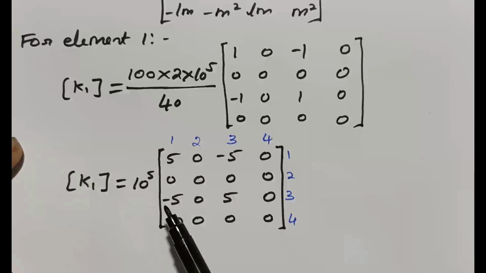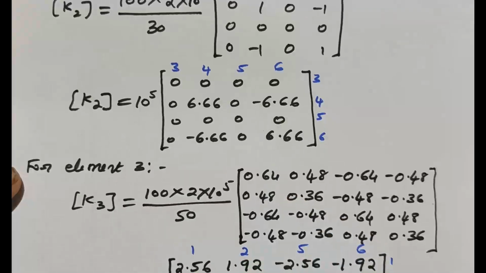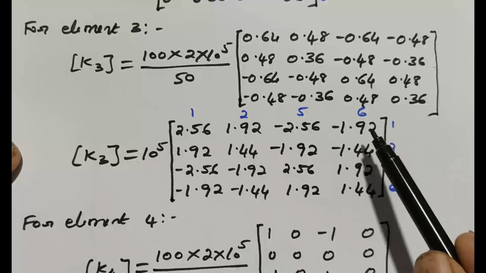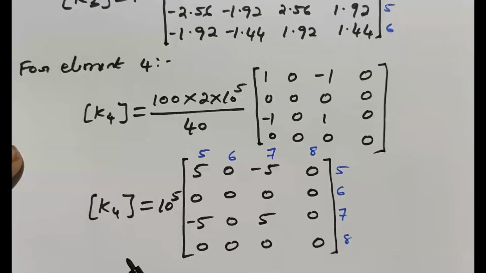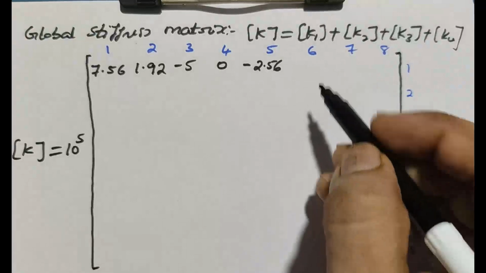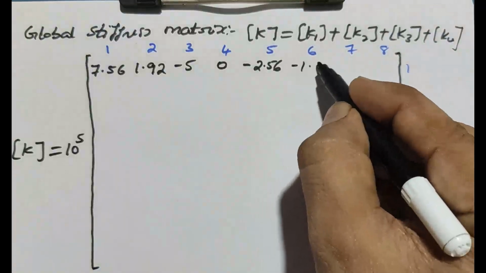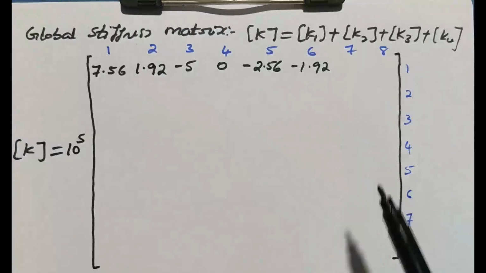Next we need element corresponding to 6 and 1. See in K1 and K2 we don't have any element corresponding to 6 and 1. But in K3 we have element corresponding to 6 and 1, that is -1.92. In K4 also we don't have any. Therefore element corresponding to 6 and 1 is -1.92. Next we need element corresponding to 7 and 1.